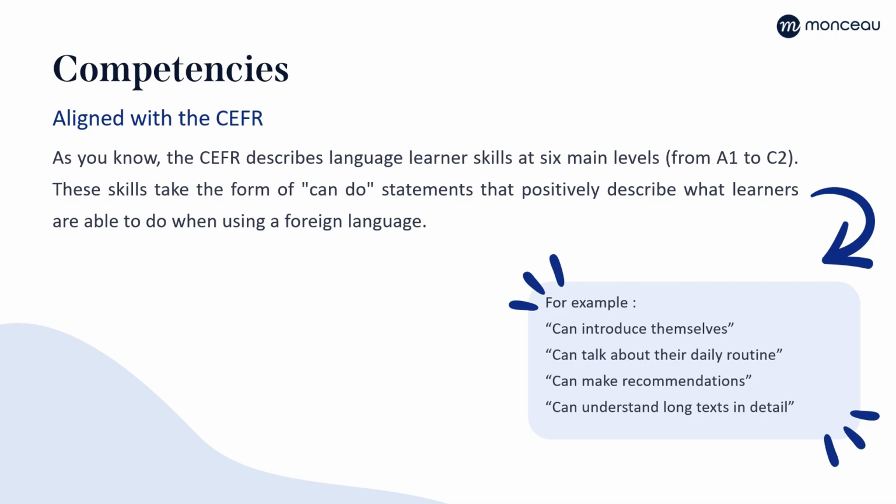And these skills take the form of can-do statements that positively describe what learners are able to do when using a foreign language. So for example, can introduce themselves, can talk about their daily routine, can make recommendations, can understand long texts in detail.